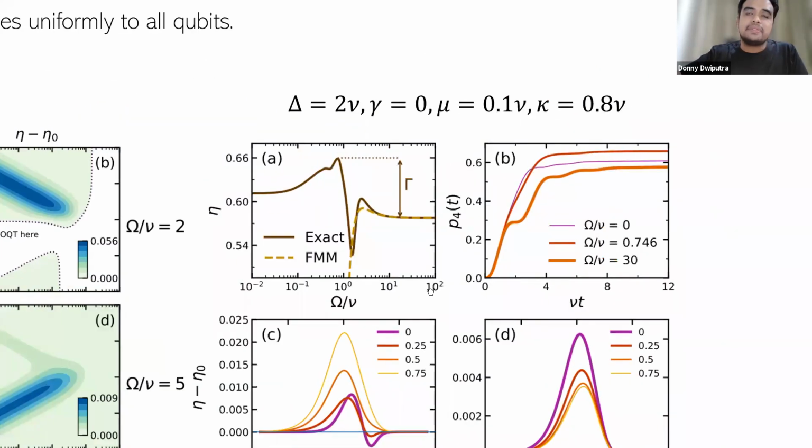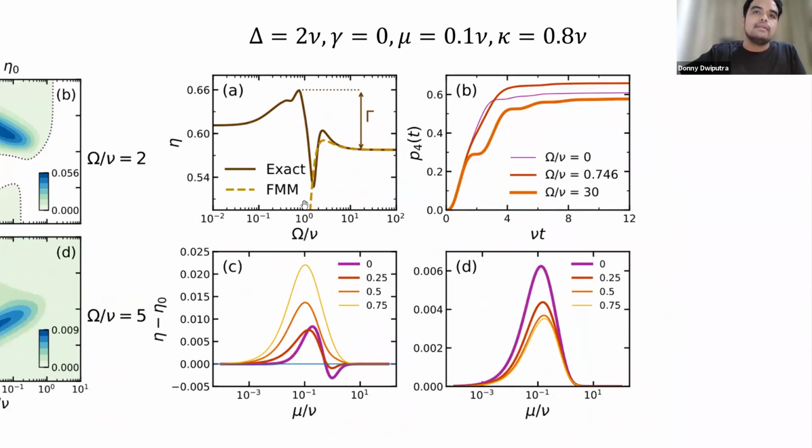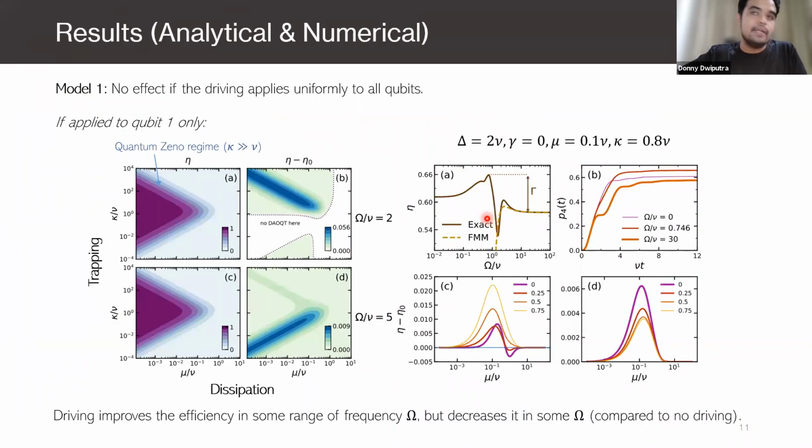We are interested in how the driving could affect the transport, and it turned out that our analytical method is only good for high driving frequencies, because if we want to cover these regions, we have to cover many terms in the FMM expansion. And you can see that if the driving is very high, the time evolution is governed almost completely by the driving, and we get the averaged situation, where the efficiency is averaged out because of the driving.